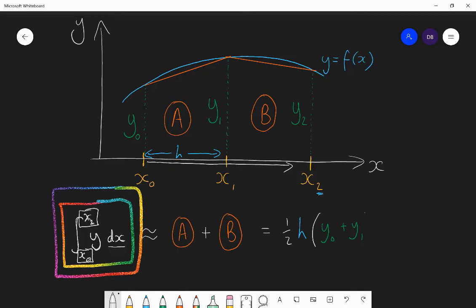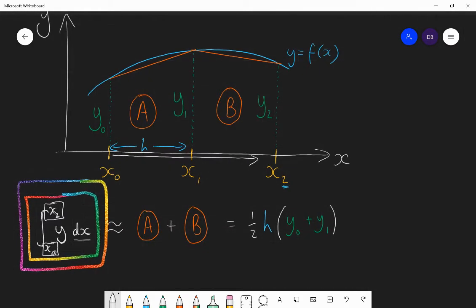So that's the first trapezium, that's A. And then if I add the second one, that will again be half h multiplied by, this time, y1 plus y2. So those are the two parallel sides for the second trapezium.